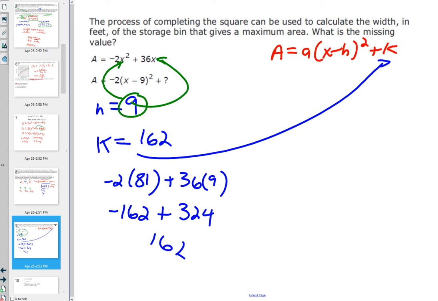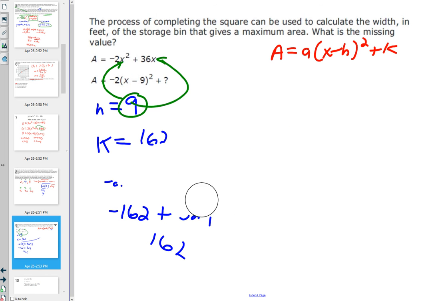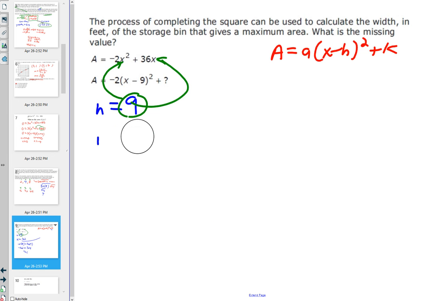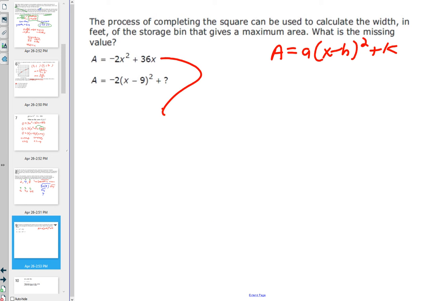Do you guys want to see me do it by completing the square, or do you want to see that too? Yeah. So if you did it by completing the square, then you have to start doing what I did up on the top. We got to see how we can turn this into the bottom. So you have to bring out the negative 2, which would give you x squared minus 18x. Does anybody remember the formula for completing the square?